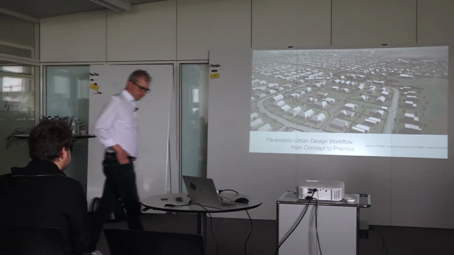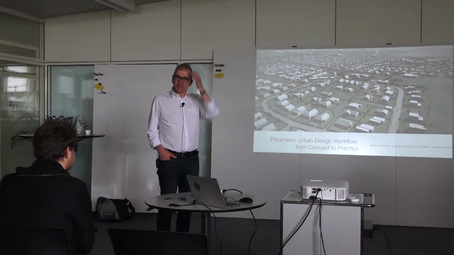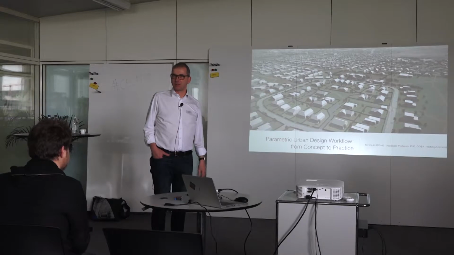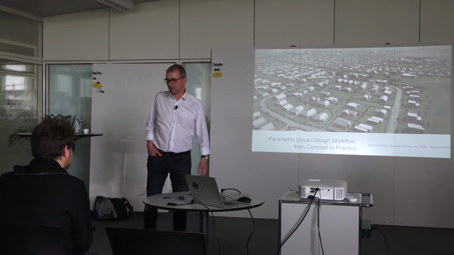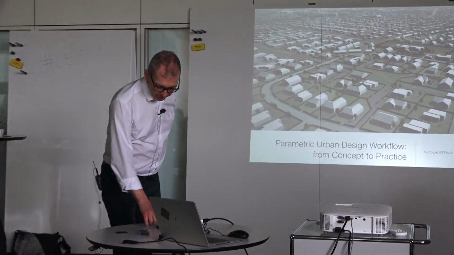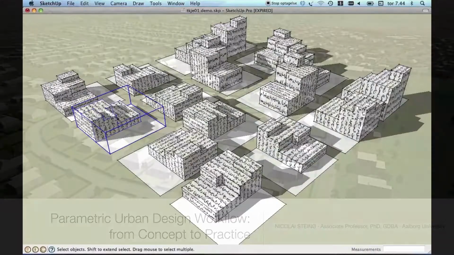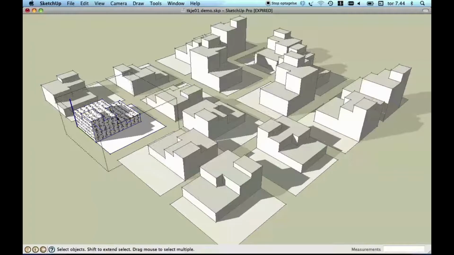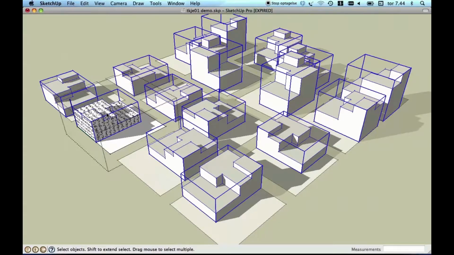Just for starters, I actually started wondering about a parametric approach to urban design long before I even had a software platform. I recently found this little animation on my hard drive, going back many years. I found it quite interesting. As you may recognize, this is SketchUp.